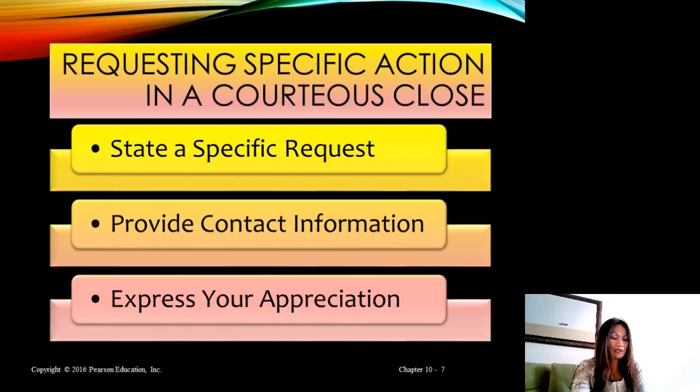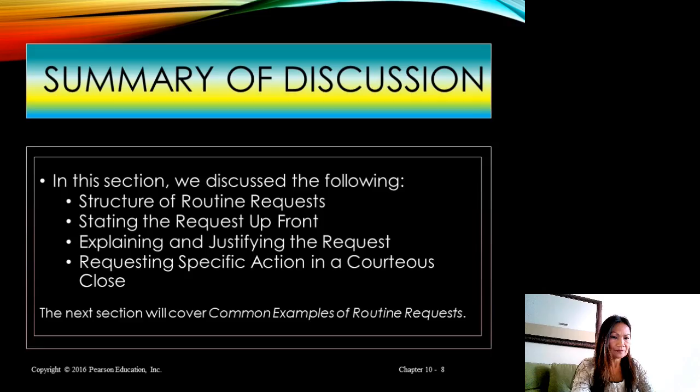When you ask readers to perform a specific action, make sure that the response date or time is appropriate, and don't thank the readers in advance. It's important to be sincere, because the reader's reply warrants a word of thanks after you receive the reply. So you have to make sure that they do it first before you thank them.